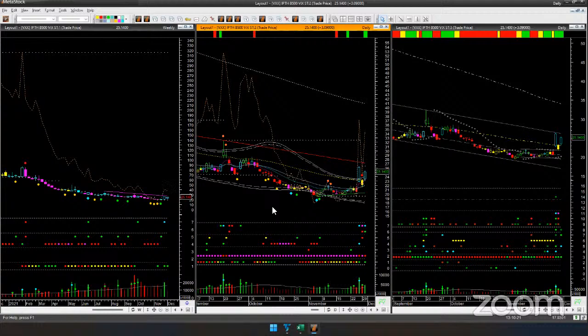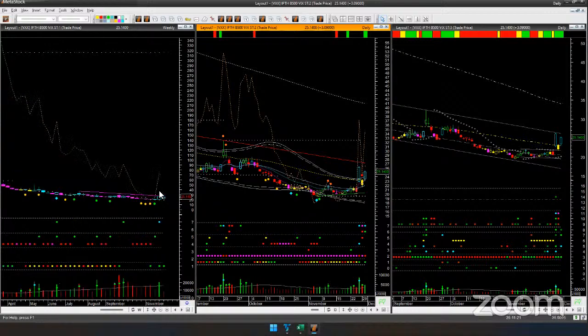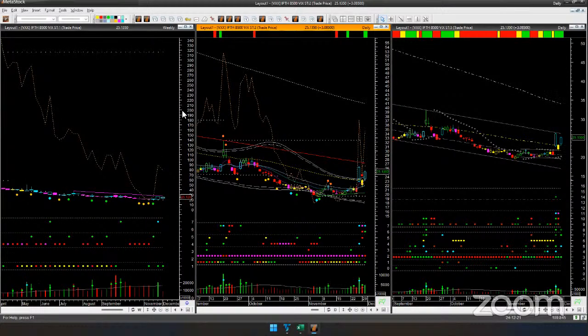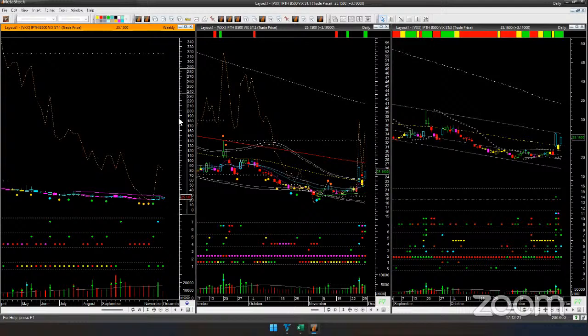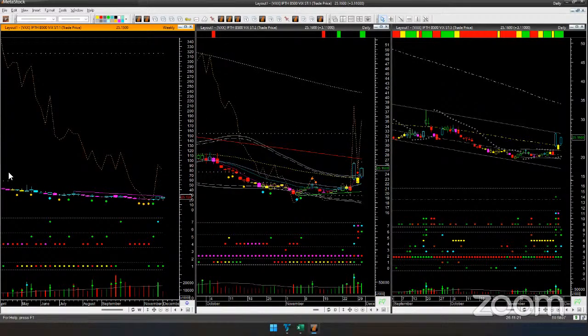Here it is what Dr. Alexander Elder calls fallen angel. Has dropped a lot in the weekly. If I expand, the weekly has dropped a lot. The daily pattern is quite interesting, isn't it? It is at price extreme low.